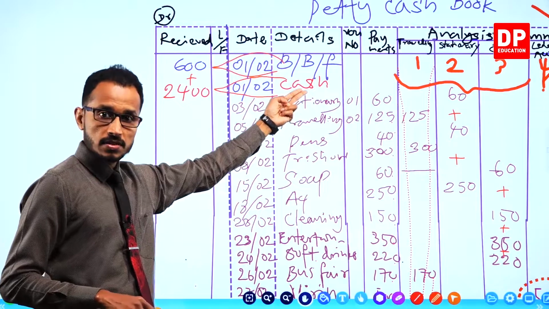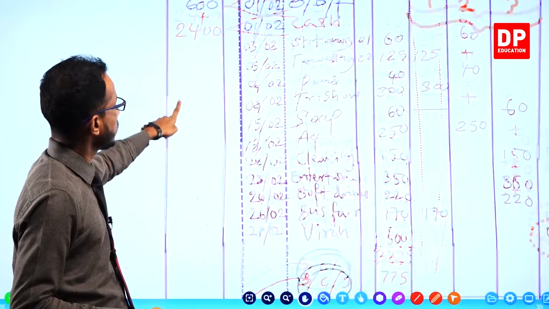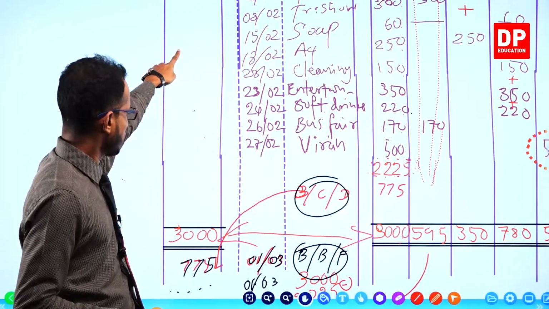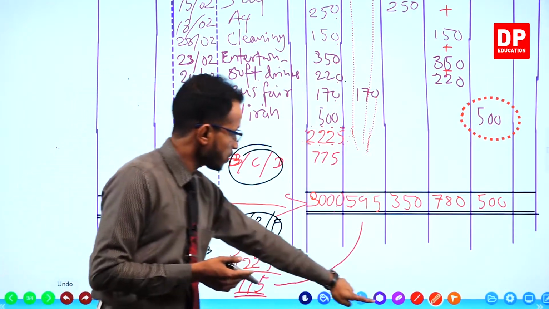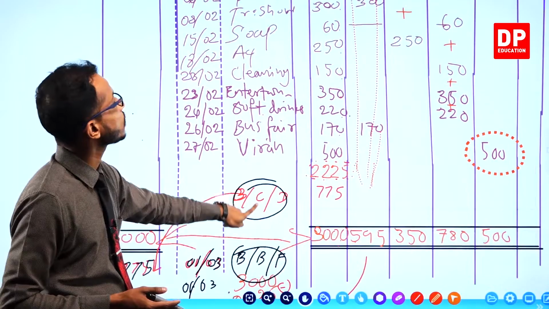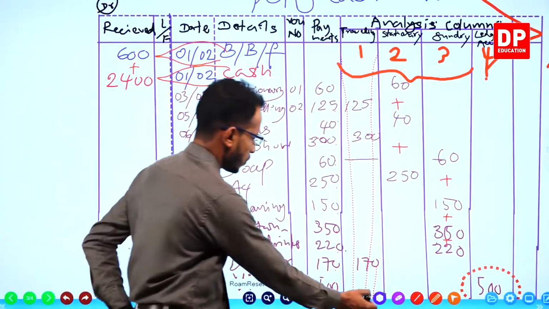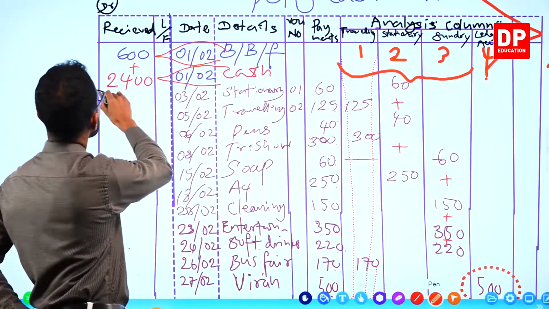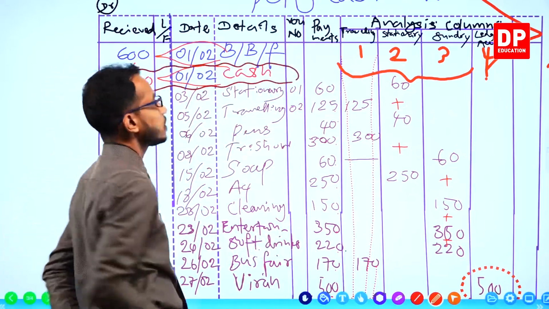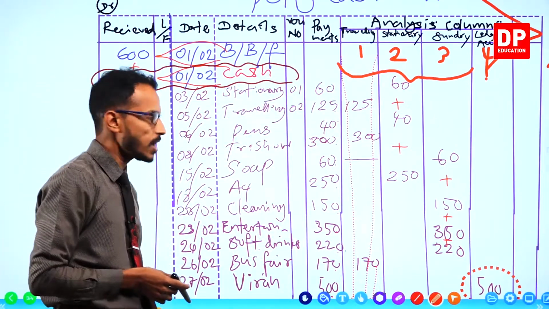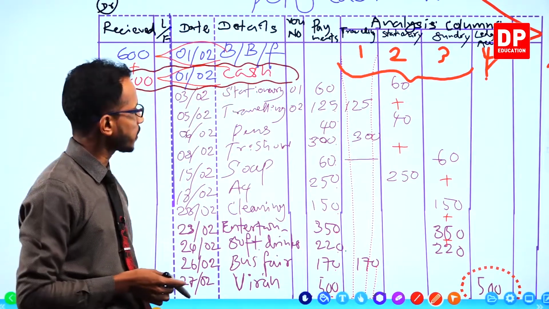The reimbursement, the receiving of the interest, and the reimbursement. So these entries should be entered in the cash book. Cash, the receiving of the reimbursement at the beginning of the month, 2,400, the cash reimbursement.